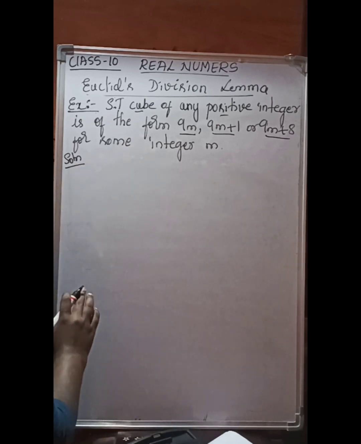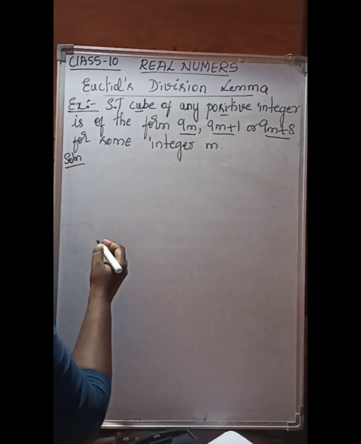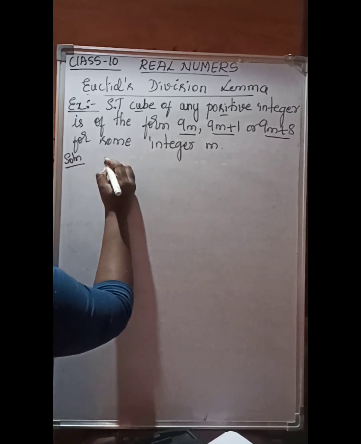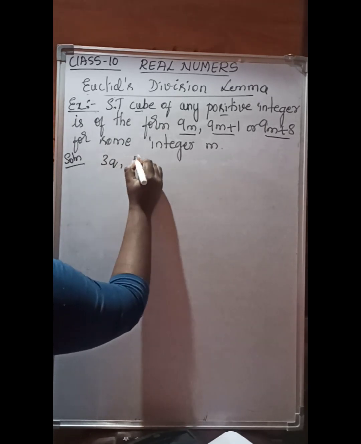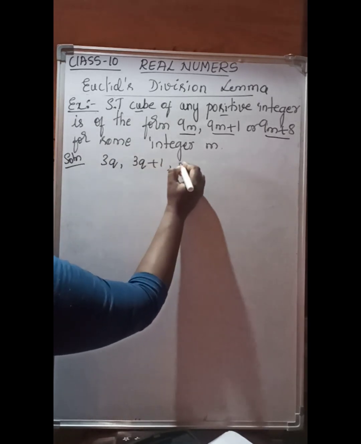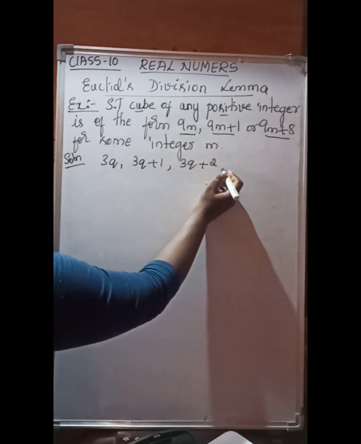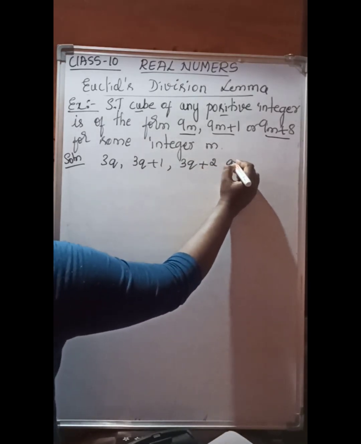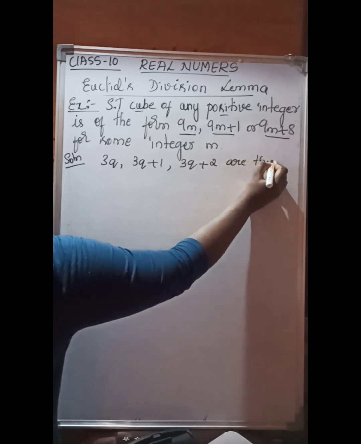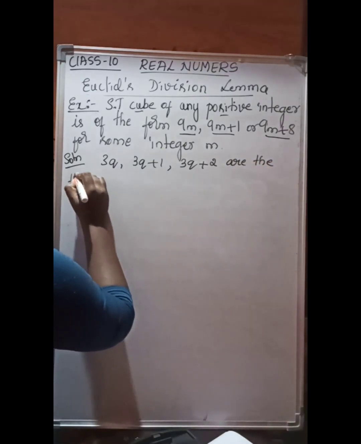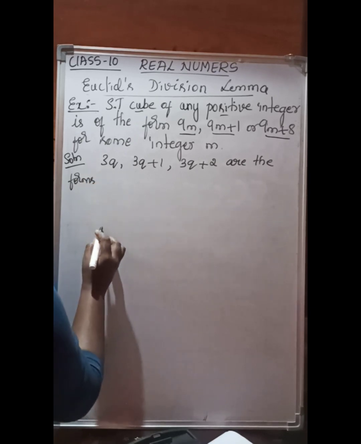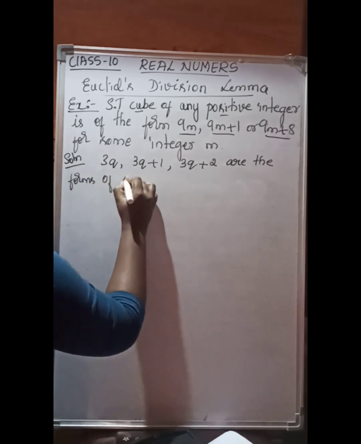we have to prove 3, no? So for that I will consider 3 different forms, that is 3q, 3q plus 1 and 3q plus 2 are the forms of positive integer.